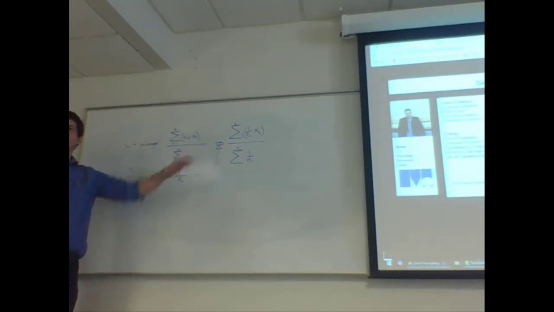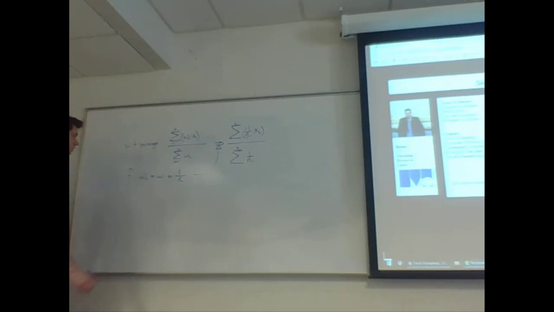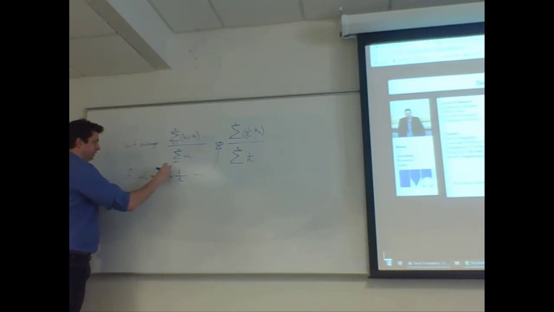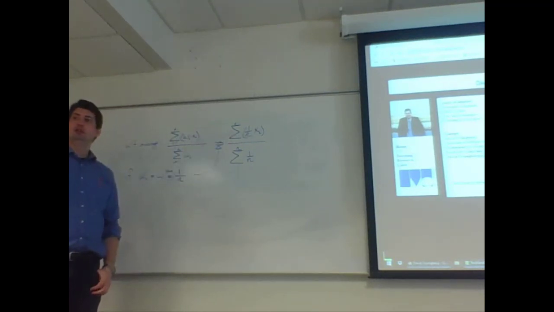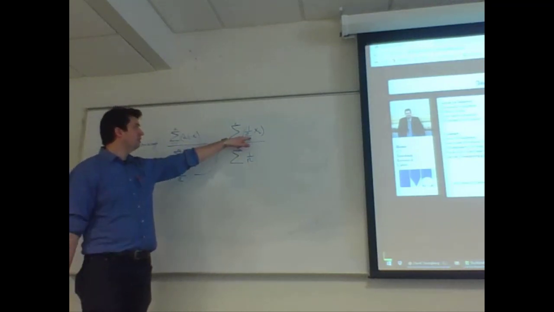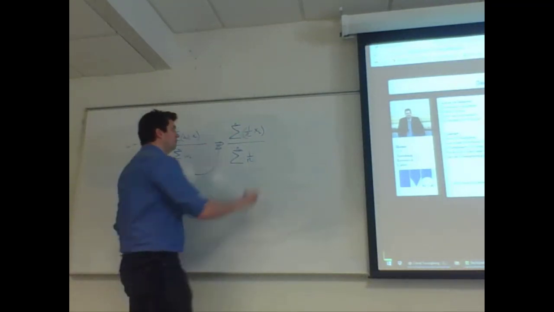Does everyone see that substitution I just did? If that is the same thing, then okay, can we simplify this? Yeah. For one, 1 over n is a constant, right? So we can do this.